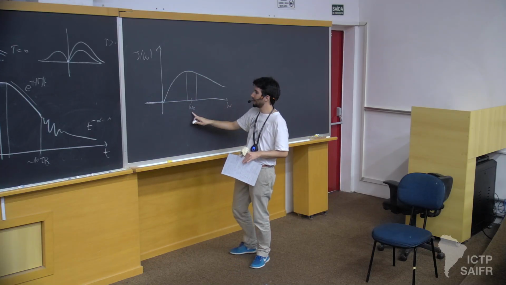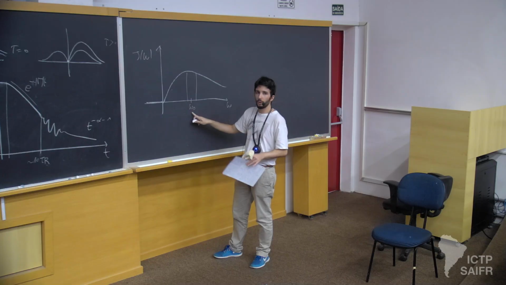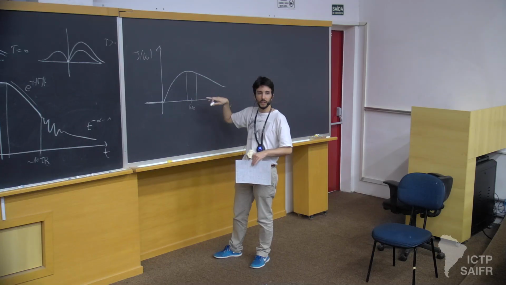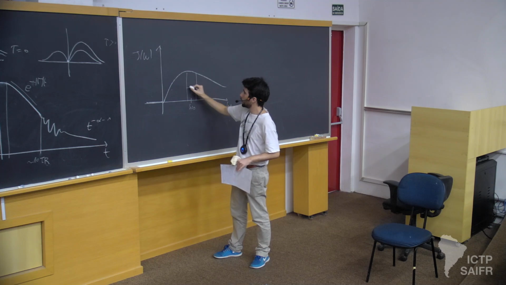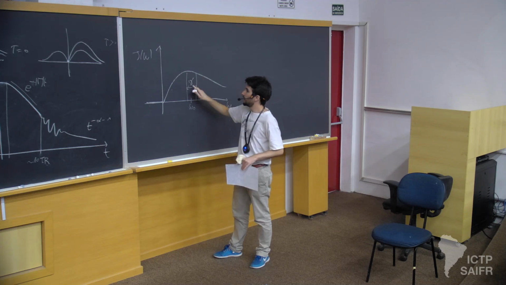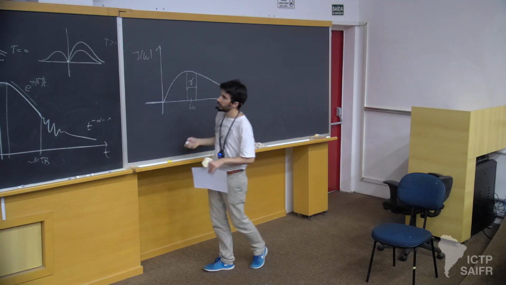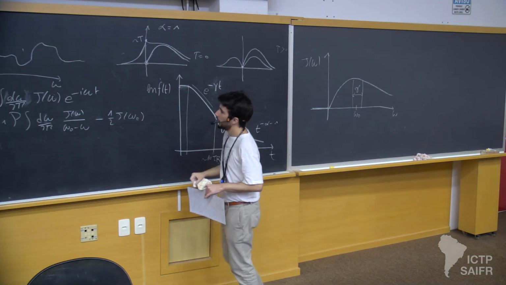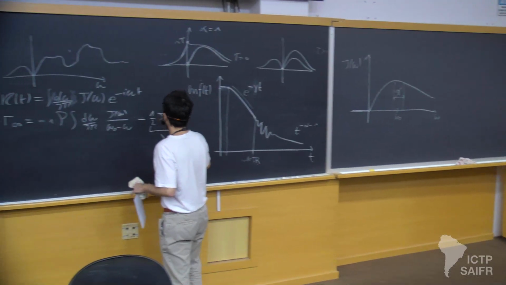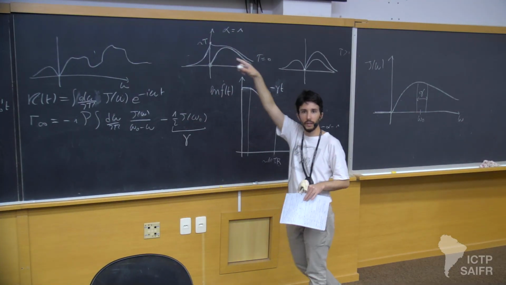So the system is essentially probing the excitations of the environment only in a narrow region, and the width of the region is essentially the decay rate that you measure. If I write this, the decay rate is this object, the real part of that gamma over there.